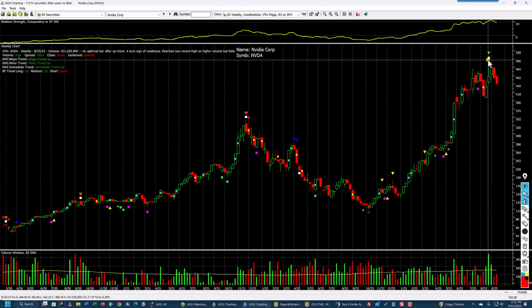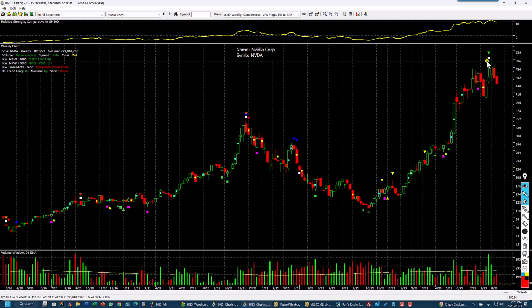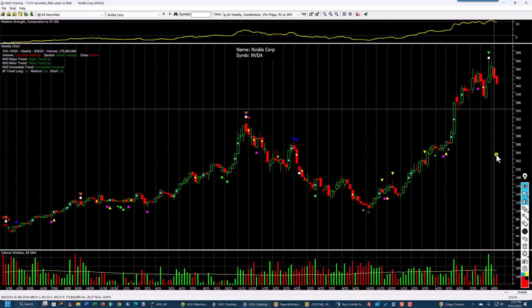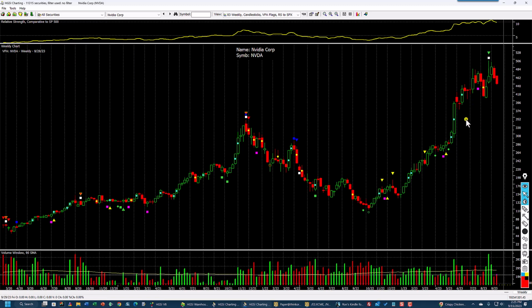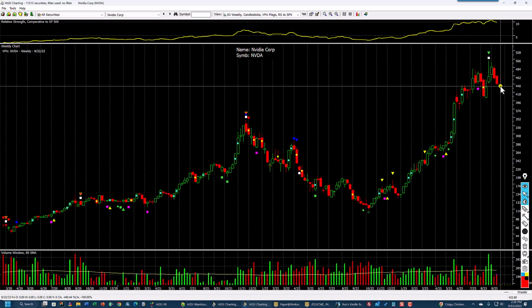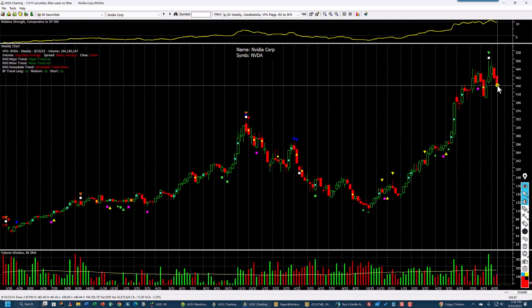Here's where it rallied, but once again, it couldn't get past resistance, and now it's selling off. Volume is not nearly as heavy this week as the up volume on these 3 weeks. But the stock is closing near the low end of its weekly range.